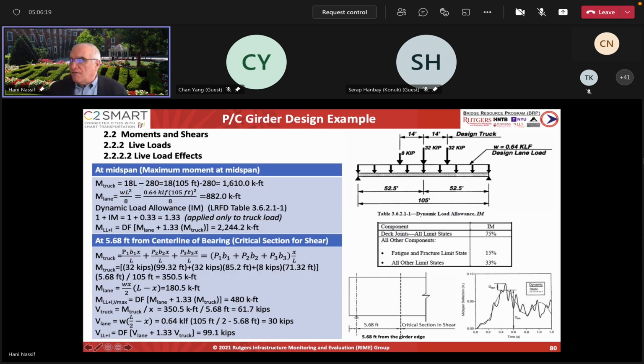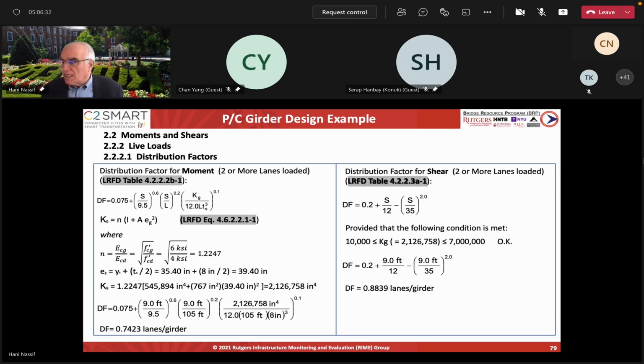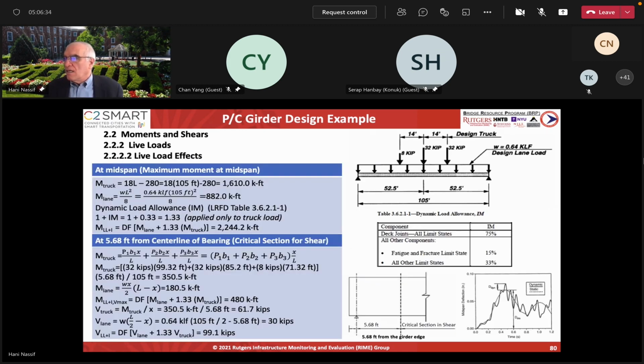So if I take that and apply this equation, you have P1, P2, P3. These are equations available in the LRFD manual. You can use them, we provided them.